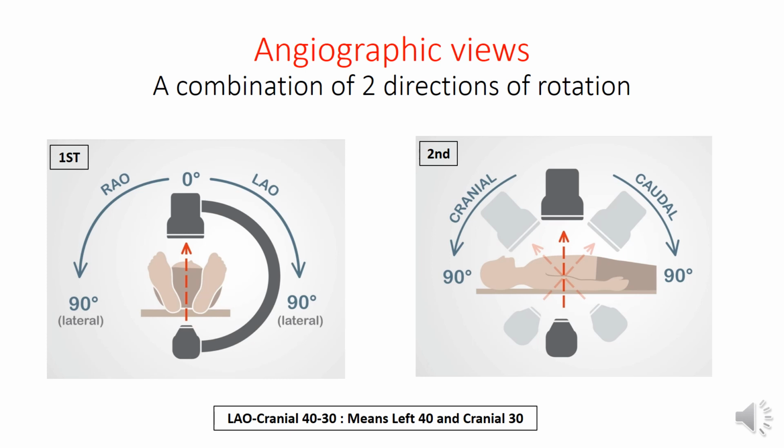Actually, all the coronary angiography views are made by a combination of both movements. So if we move the tower to the left and then cranial, this view will be called the left cranial view.